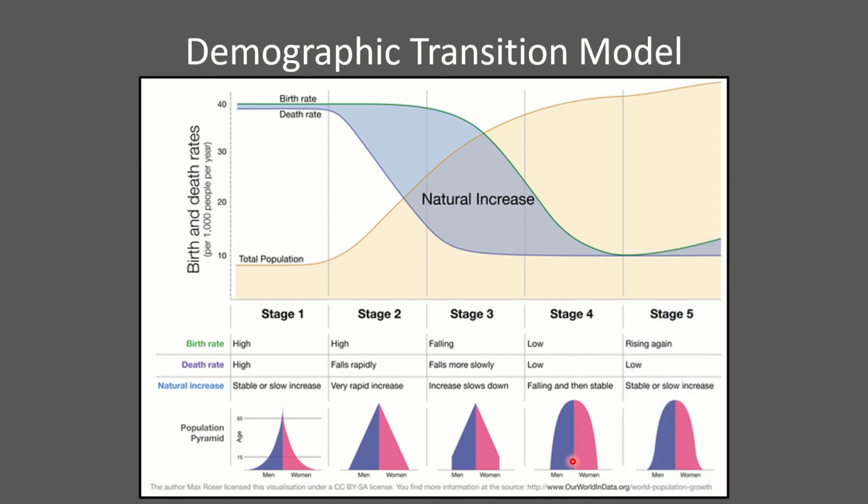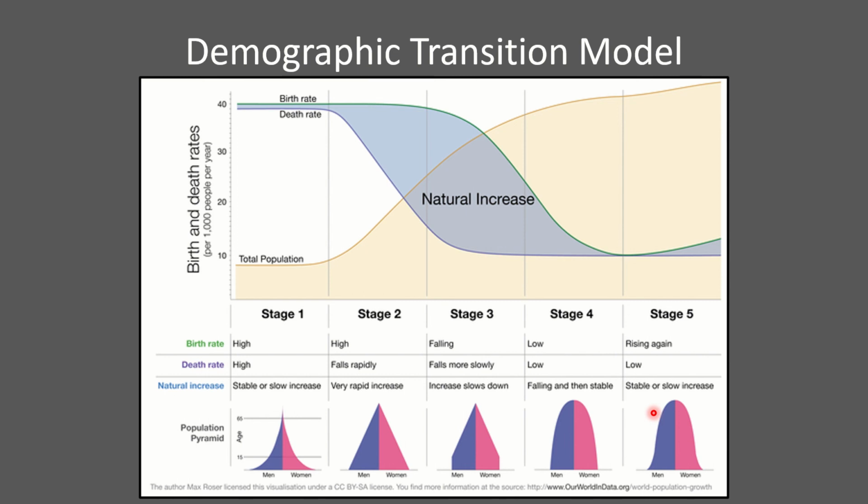And in stage 5, well, in stage 5, there are some countries that claim to be in stage 5 these days. And in stage 5, you can expect the death rate to remain very low because healthcare has reached a very, very high standard. People have very healthy lives. People know how to keep themselves healthy and know how to spot the symptoms of disease early because of good education.